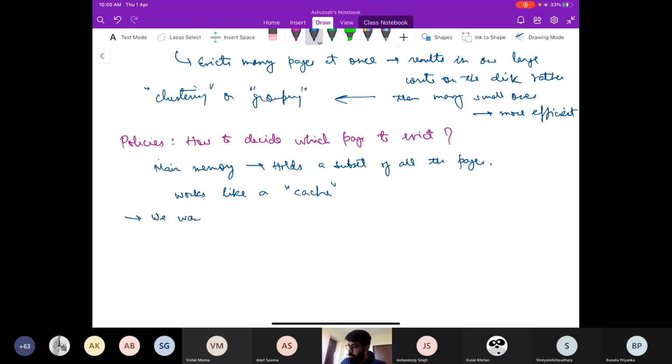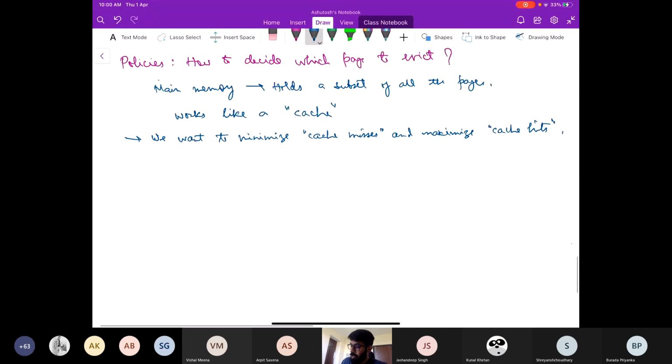We want to minimize the cache misses and maximize cache hits. So this is what we are going to do. How do we measure the performance? The performance measure is called average memory access time.